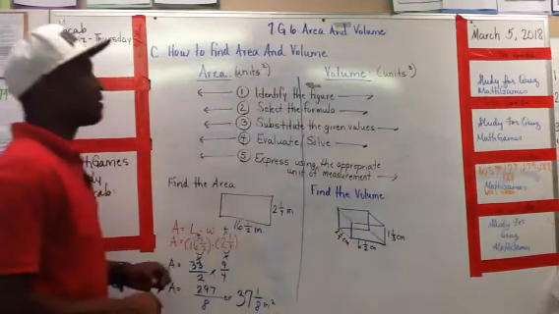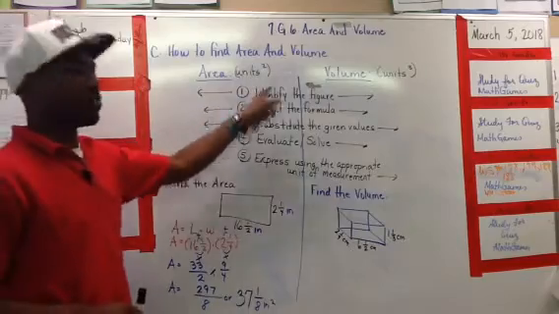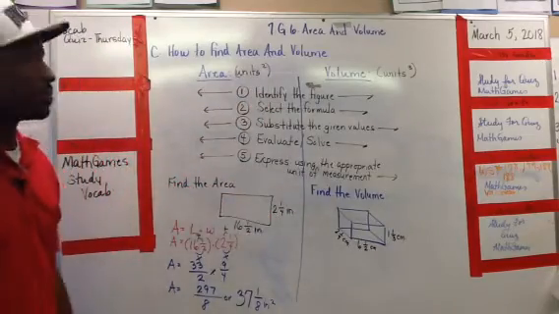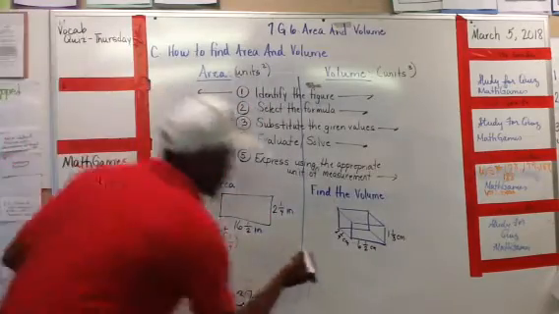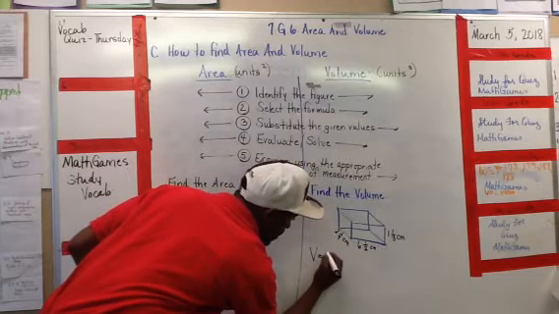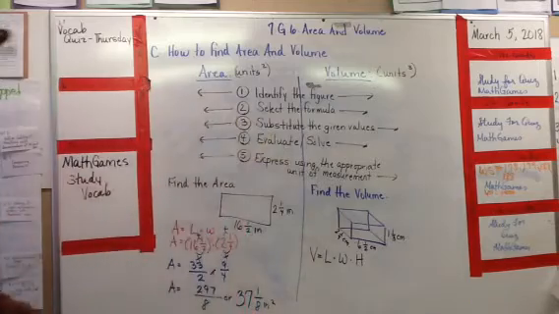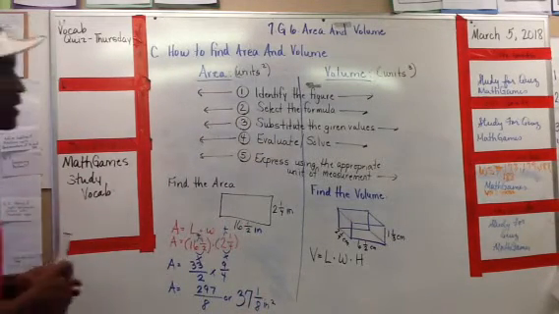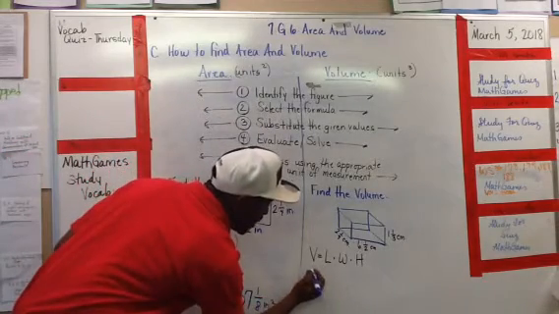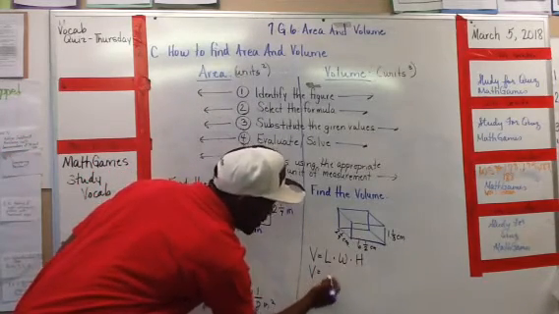It wants us to find the volume. Well, if we identify the figure, it's a rectangular prism. Now I know the formula. I know the formula is volume equals length times width times height. If I substitute the given values, which is what step 3 says, the length is 6 1/2.